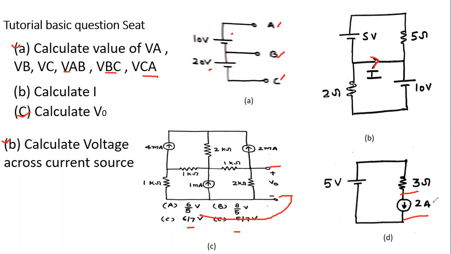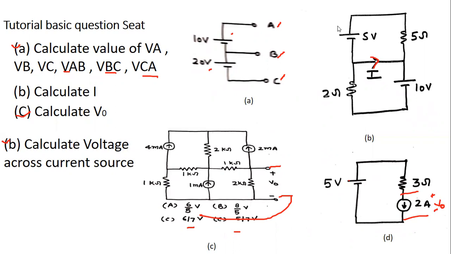Assume the voltage across this as V0 and find the voltage across this current source. These are the basic concepts. For building the concept, you do not need to solve a large number of problems. Just get the concept. If you know the concept, you can easily solve the problem.